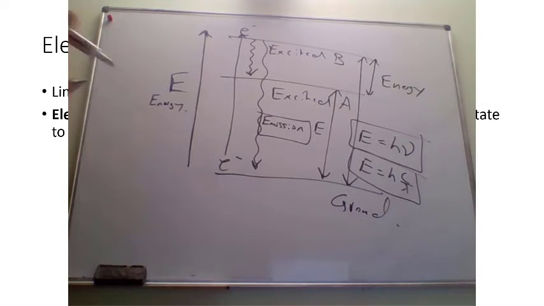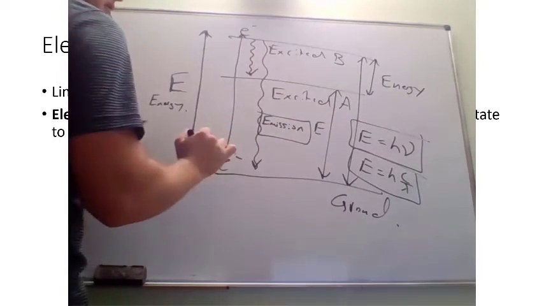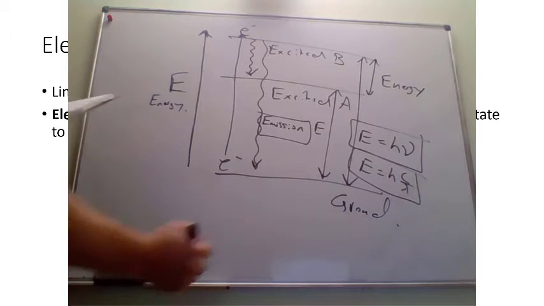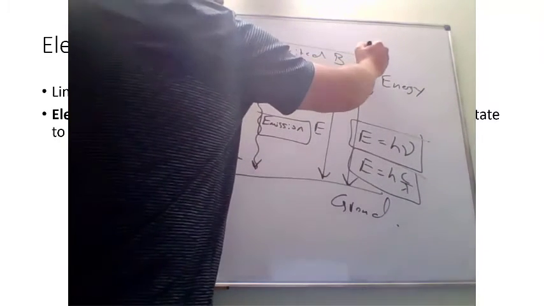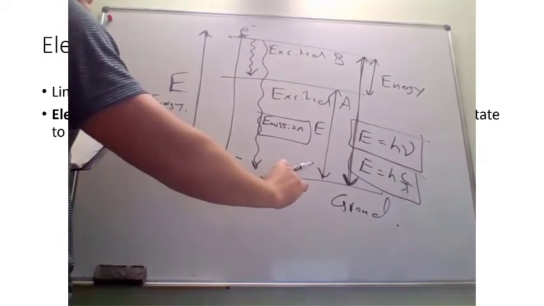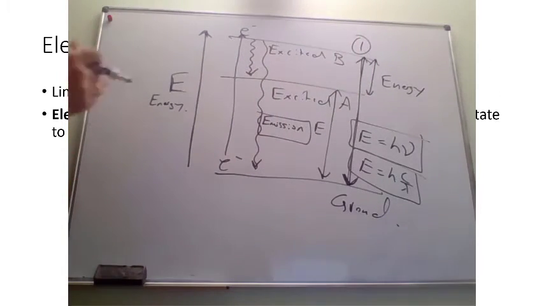So if we compare our three different energy transfers associated here, going from B to A, B down to ground, and A down to ground, if we were to list these in terms of the magnitude of the energy released, we would see that this transfer, going from B all the way down to ground, that is the largest energy gap. So that's going to have the highest, we'll call that number 1, our highest amount of energy released.